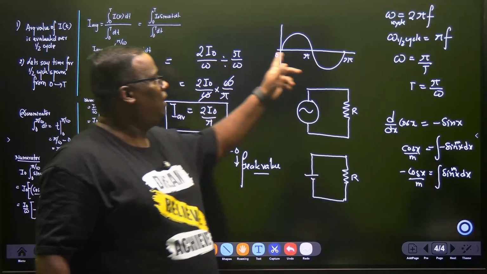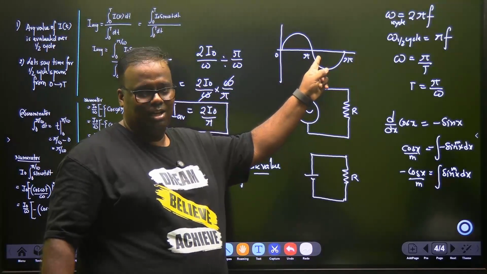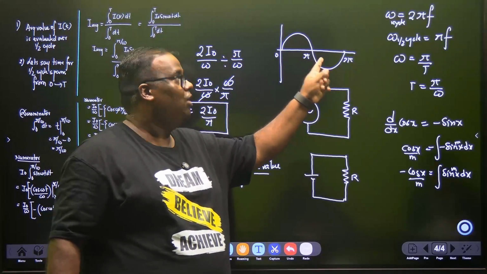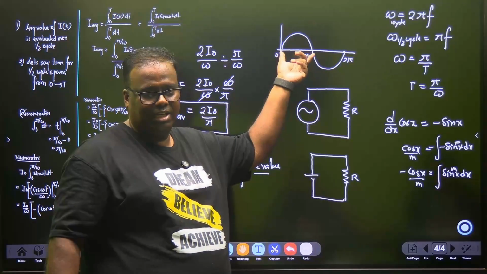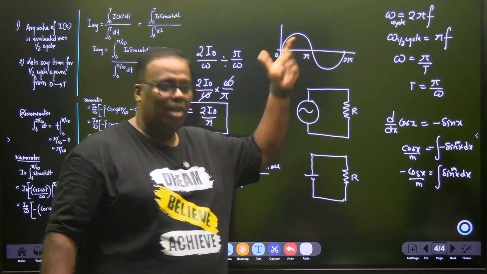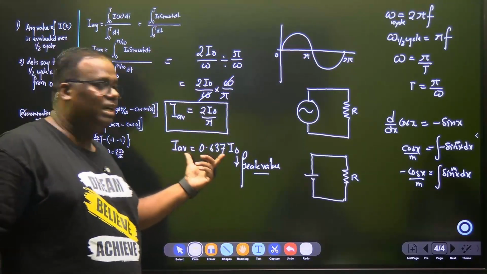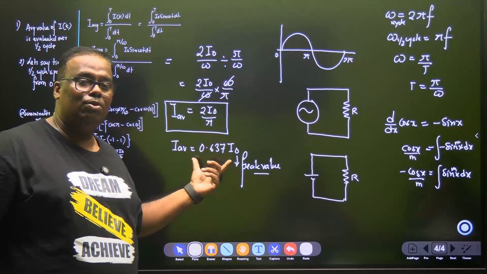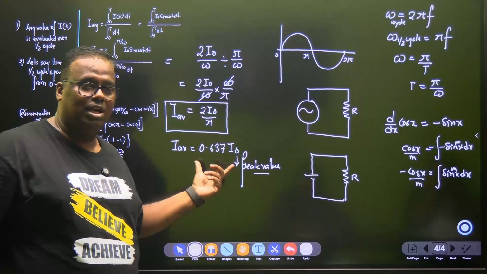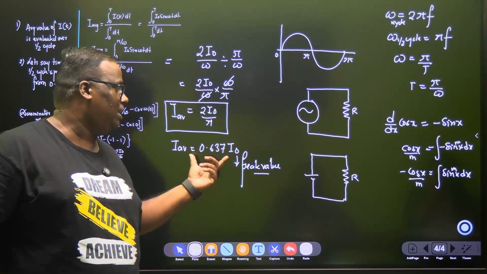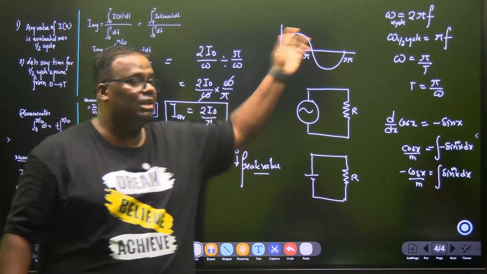So what is the average value? The average value of an alternating signal over half a cycle is equivalent to a steady current of the value 0.637 times the peak value of the alternating current.